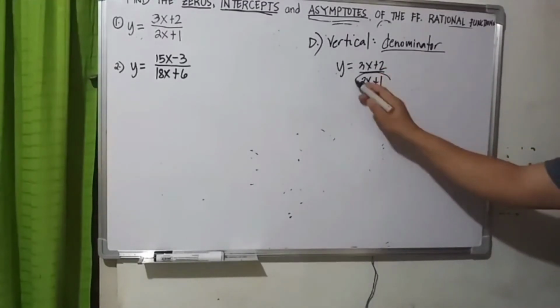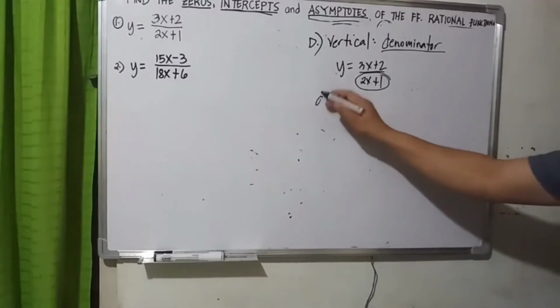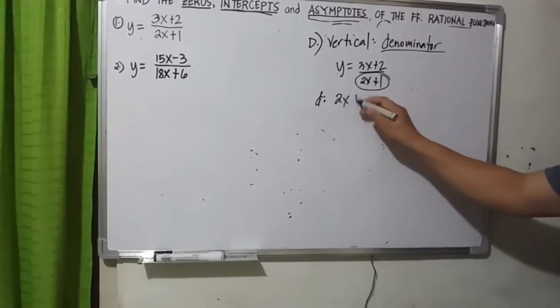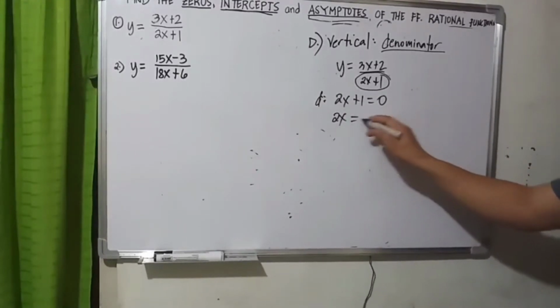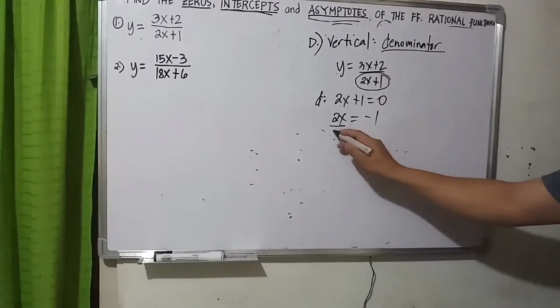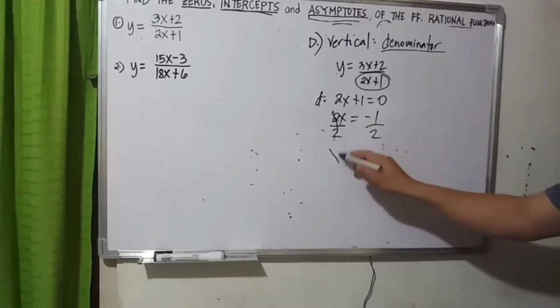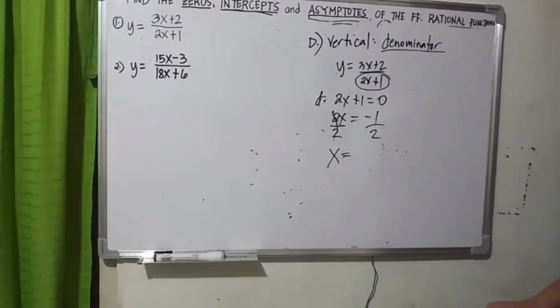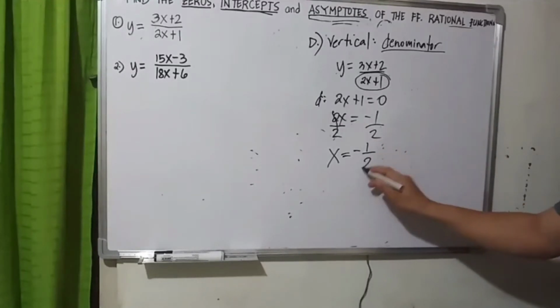I-equate lang natin yung denominator sa 0. So ang denominator natin is 2x plus 1 equals 0. So 2x equals negative 1. Divide both sides by 2. So ang vertical asymptote natin is x equals negative 1 over 2.